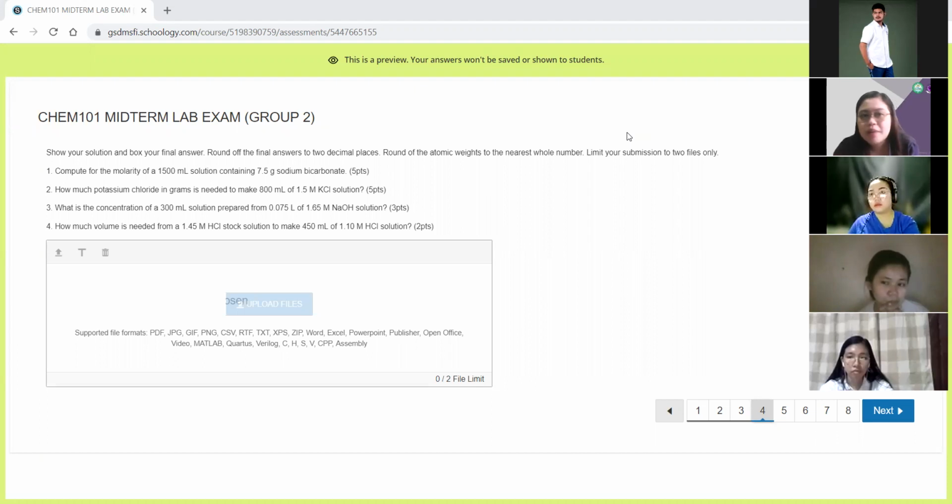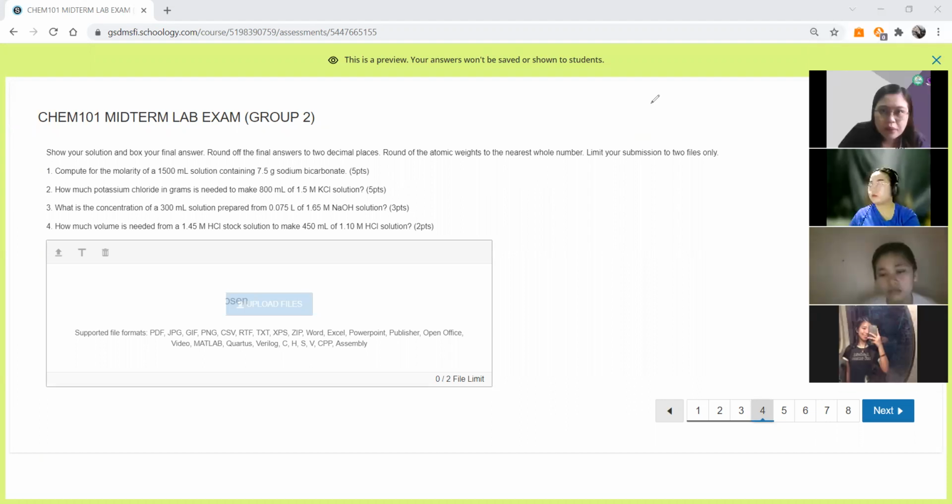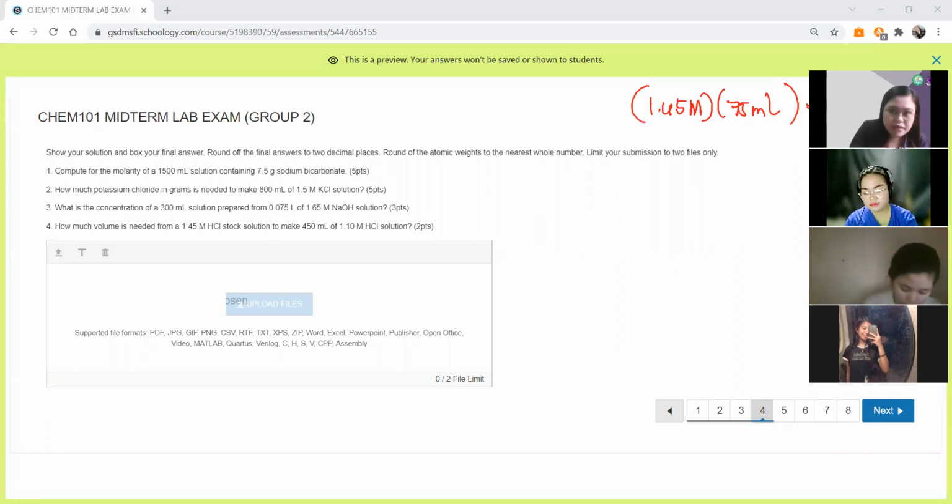So you can use it in the computation, Shan. You will still get 0.41 molar, because it becomes 1.65 molar times the 75 ml equals C2 times 300 ml. So you'll still get the same answer, 1.65 times 75 divided by 300. The answer is still the same, 0.41 molar.